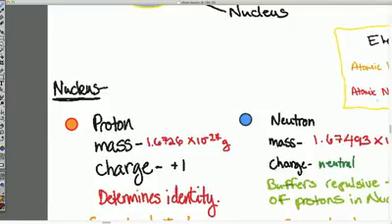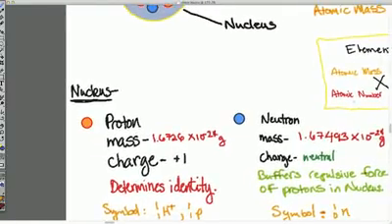Let me zoom out for a little bit so you can see what's going on here. Let me get the highlighter going. So the mass of a proton is right here, 1.6726 times 10 to the negative 24 grams, which is very, very small.